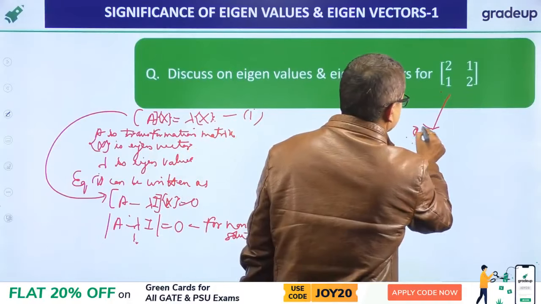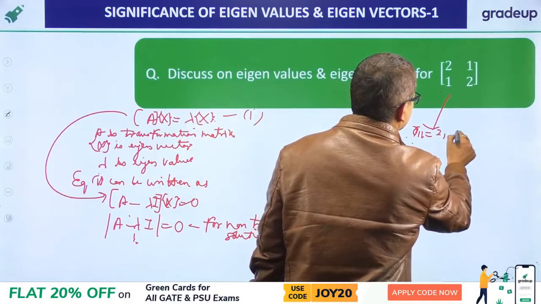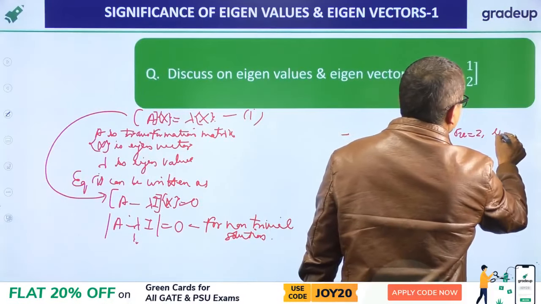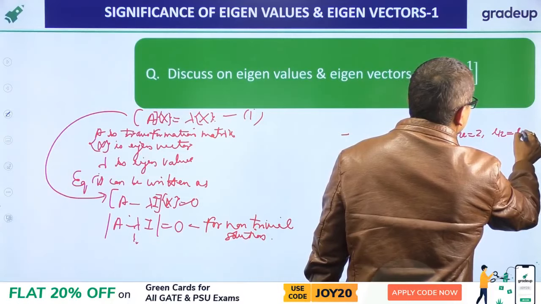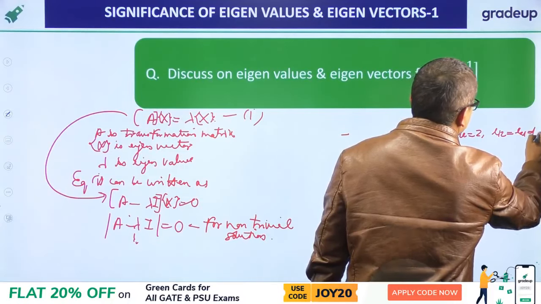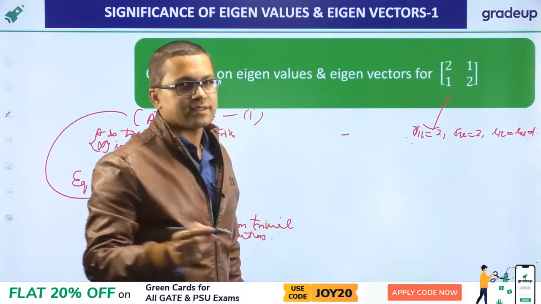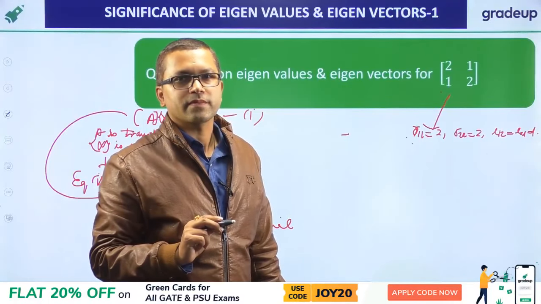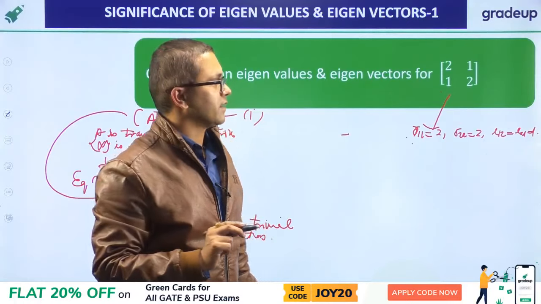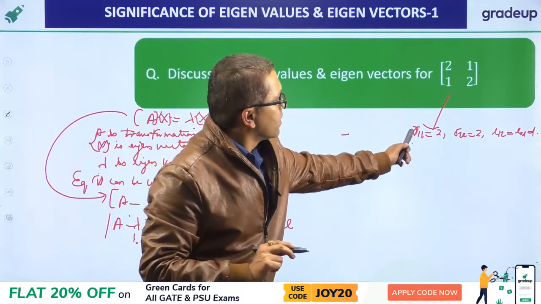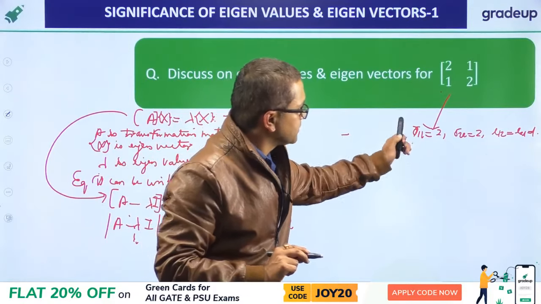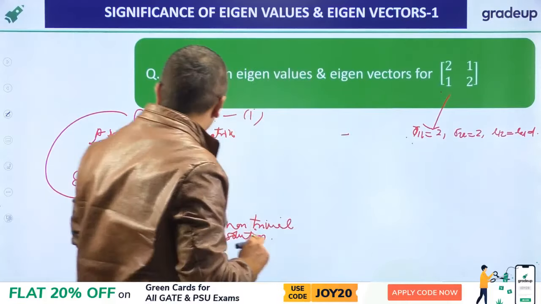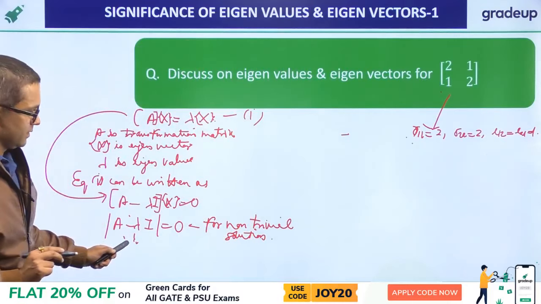So I am going to write sigma 11 equals 2, sigma 22 equals 2, tau 12 equals tau 21 equals 1. Now we are going to put this matrix in this equation.